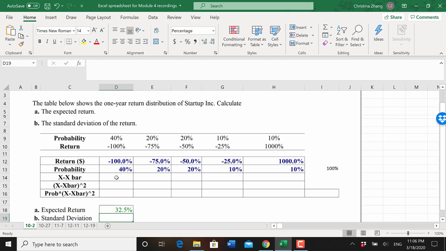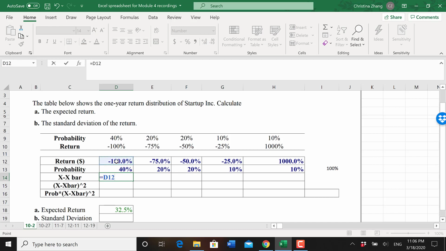So what we're going to do is identify the differences, figuring out how far my return is from my expected return. My X bar here is essentially the expected return. This row captures the difference.